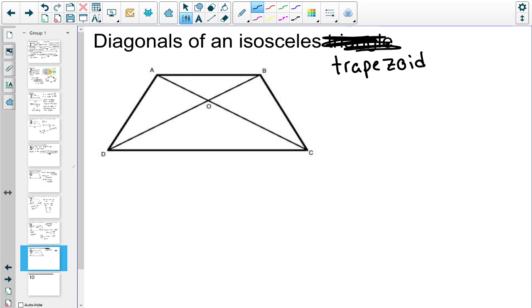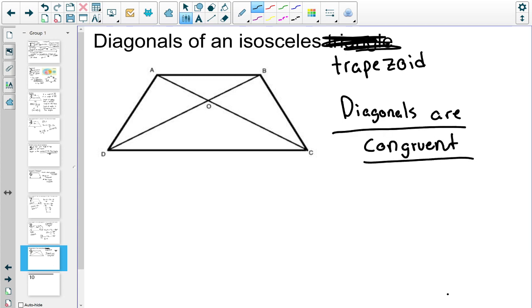The isosceles trapezoid diagonals have equal lengths. So the diagonals are congruent. Pretty simple, right? Reminds you of what other polygon?